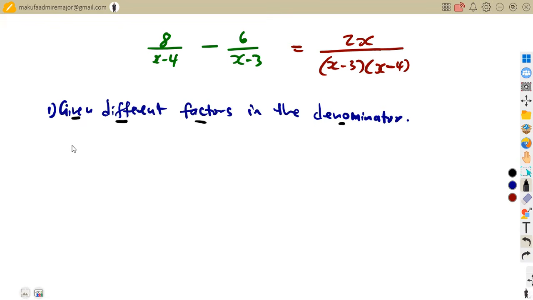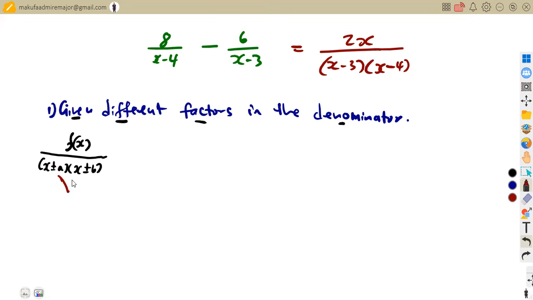So let's say we are given a certain expression. You can take any number or any function that we want. So given a function of f of x over (x plus or minus a) into (x plus or minus b), whereby we are dealing with linear factors.